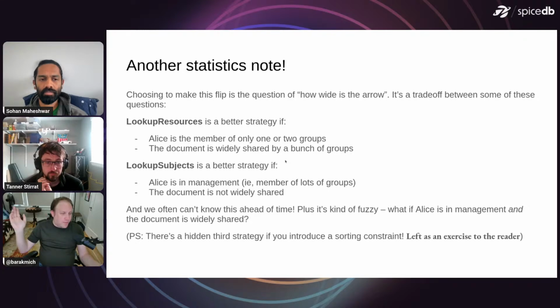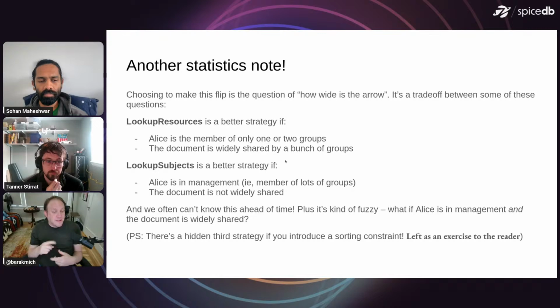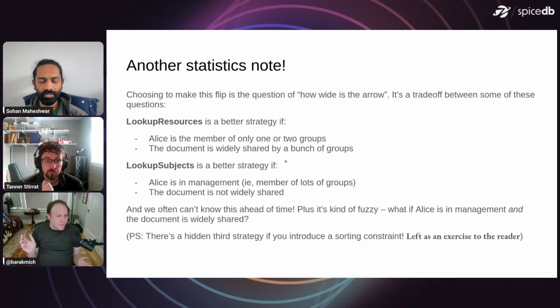It might be public to engineering, marketing, all the other teams. But Alice is only in engineering. So going that way means I only have to check one group and see if that one group has it, as opposed to the other way around, which is asking: is Alice part of marketing, is Alice part of engineering, is Alice part of SRE? So there's less work to be done if you go that way. Conversely, if the document is not widely shared, it's only an engineering document, or if Alice is in management, she might be part of lots of groups because she's wearing lots of different hats.